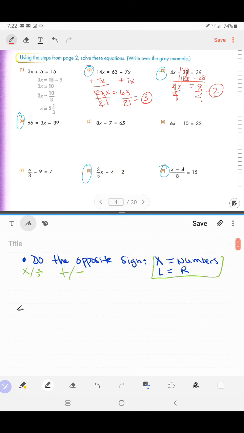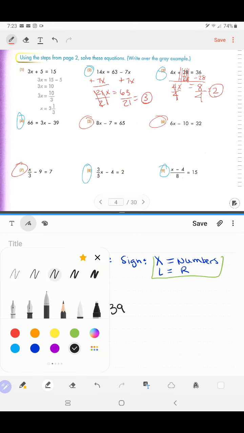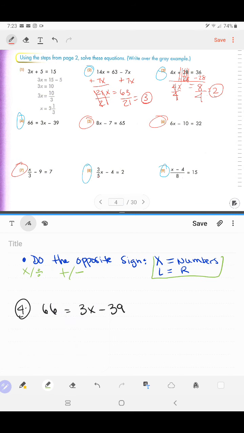Number 4, and again, I'm doing one type of everything, so I'm doing one of each kind so that you guys can do the ones in between. So number 4 is 66 equals 3x minus 39. For this one, the equation is actually backwards.